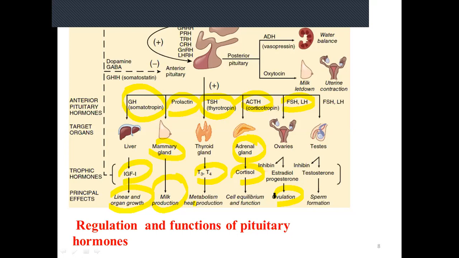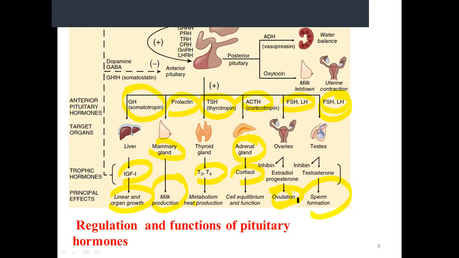That is why when someone has any problem with the anterior pituitary, there is a high probability of infertility. Then FSH and LH in the testes are important for production of testosterone, and ultimately for sperm production. So you can imagine how the pituitary is like a master gland because it controls all those activities.